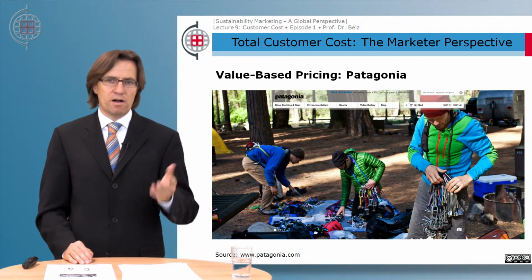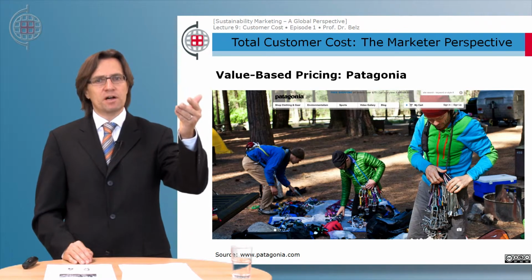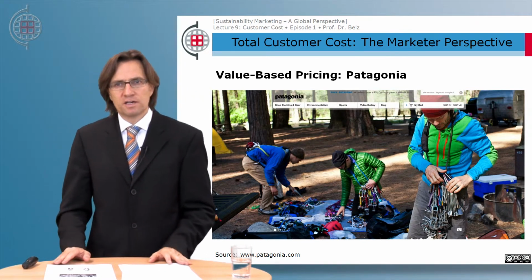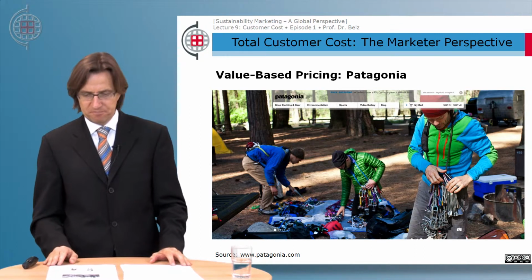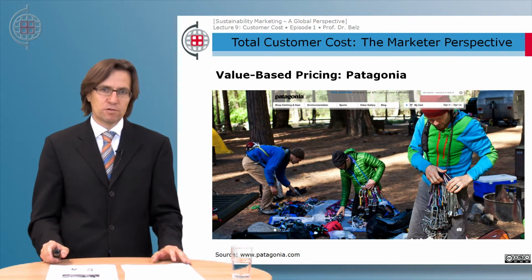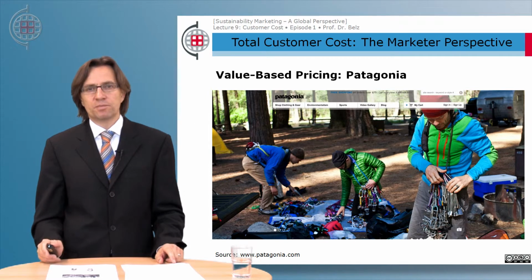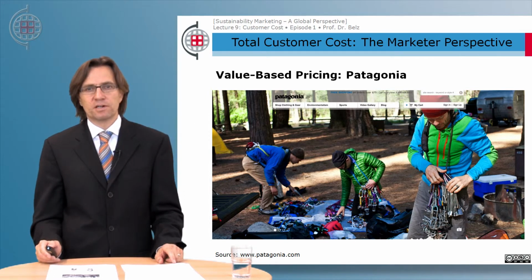The target group are mainly young men who are willing to pay a high price for their outdoor activities and equipment. So they start from the willingness to pay of the customers and the value the customer perceives for their sustainable products.